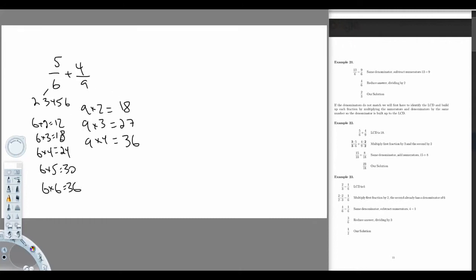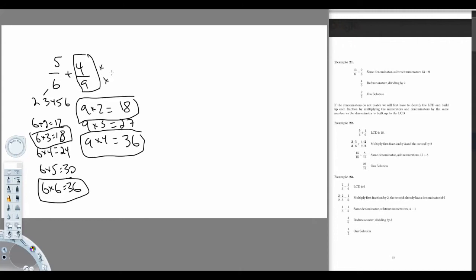So when we're looking for the lowest common denominator, we have one here, we have one here. If I multiply this guy by 4, I'll get 36. If I multiply this guy by 6, I'll also get 36 for the denominator.